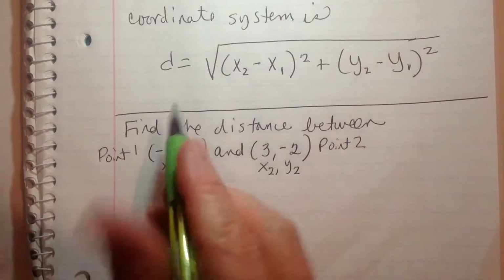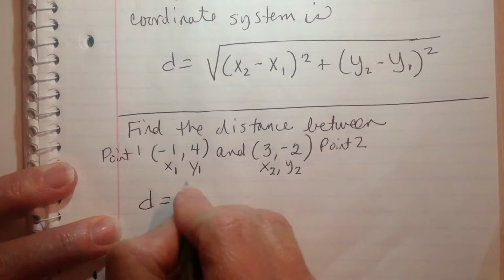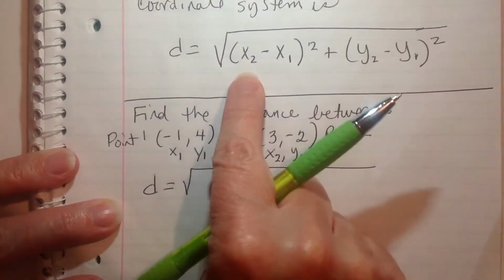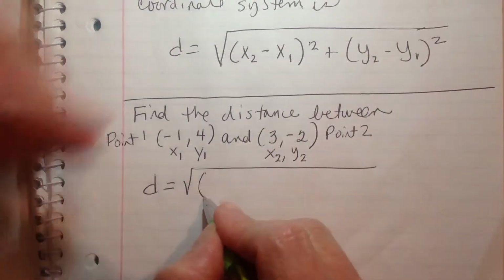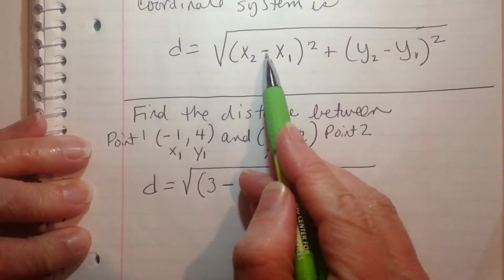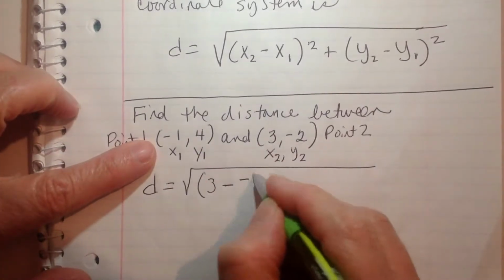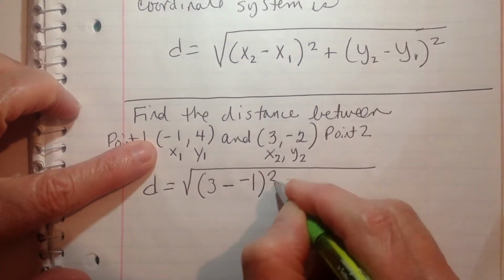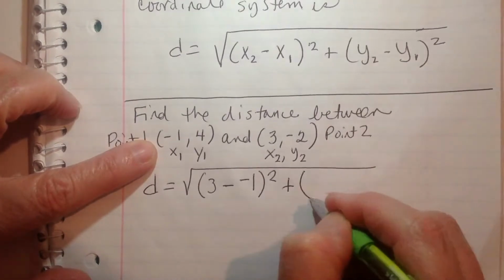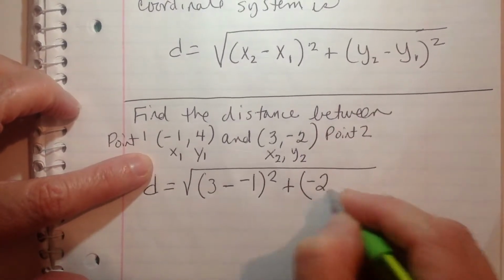So let's use our formula. The distance between these two points is the square root of, open parentheses, x sub 2 is 3. The minus sign comes from the formula. 3 minus x sub 1, which is -1, close parentheses, squared, plus, open parentheses, y sub 2 is -2.